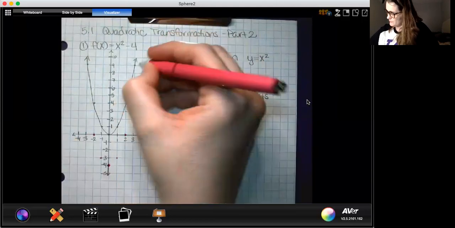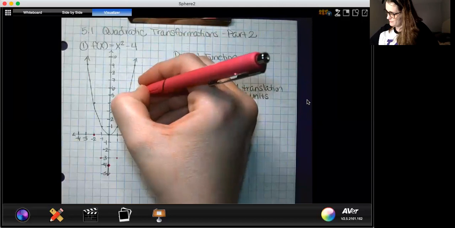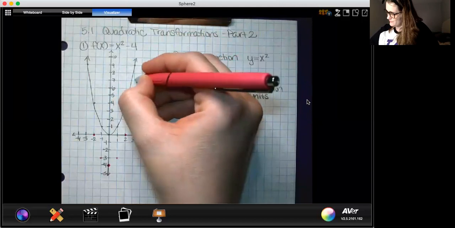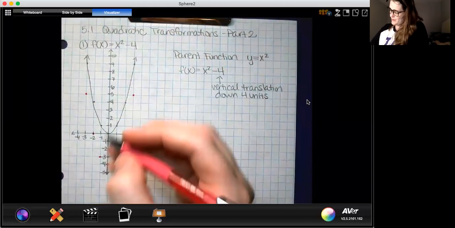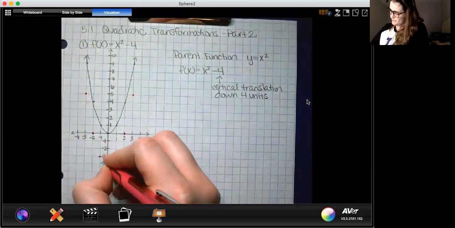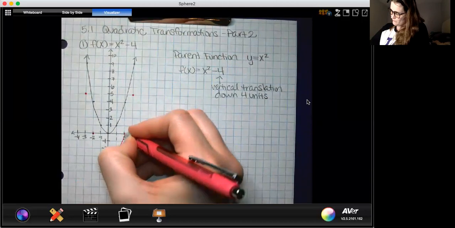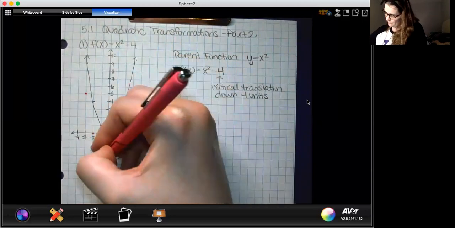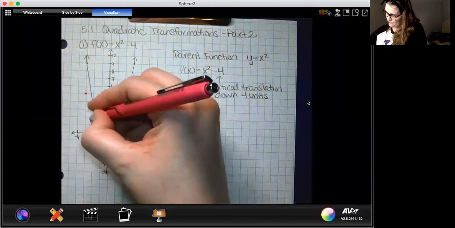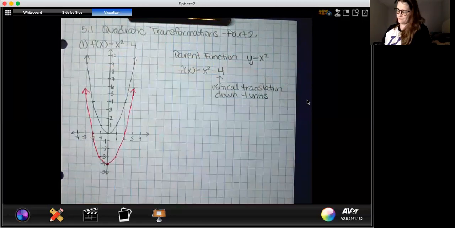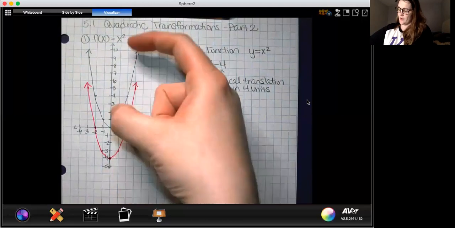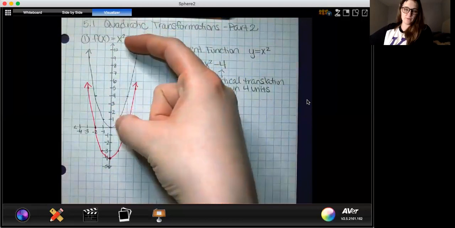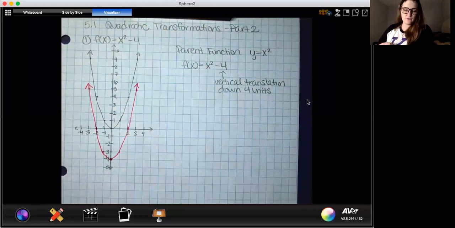And down 4. 1, 2, 3, 4. And then I'm going to connect those points. So we can see that the entire graph has shifted from the parent function down 4 units.